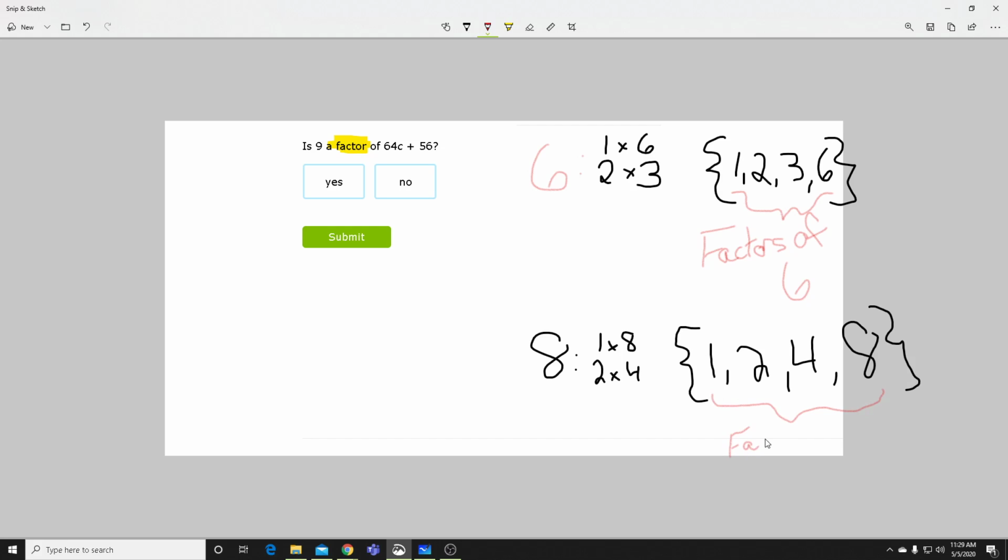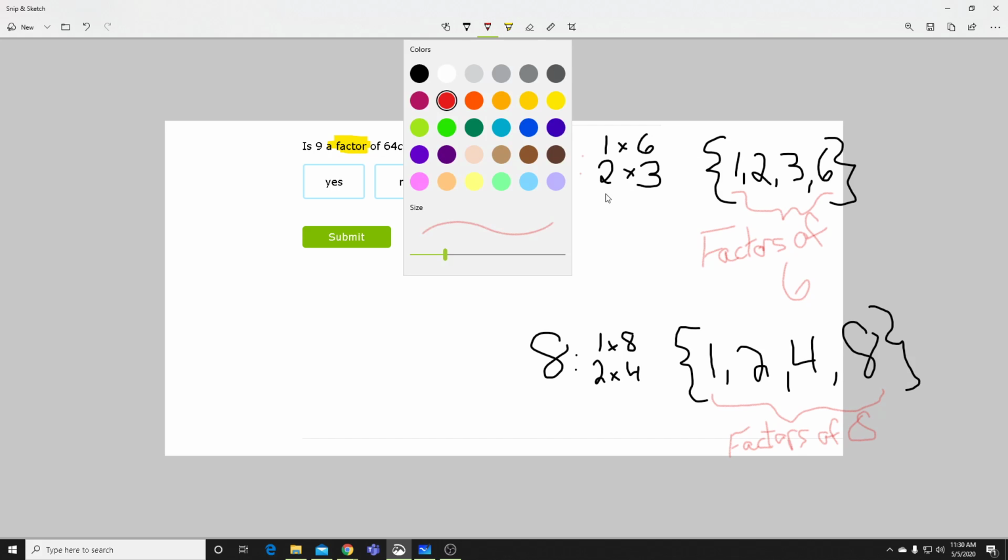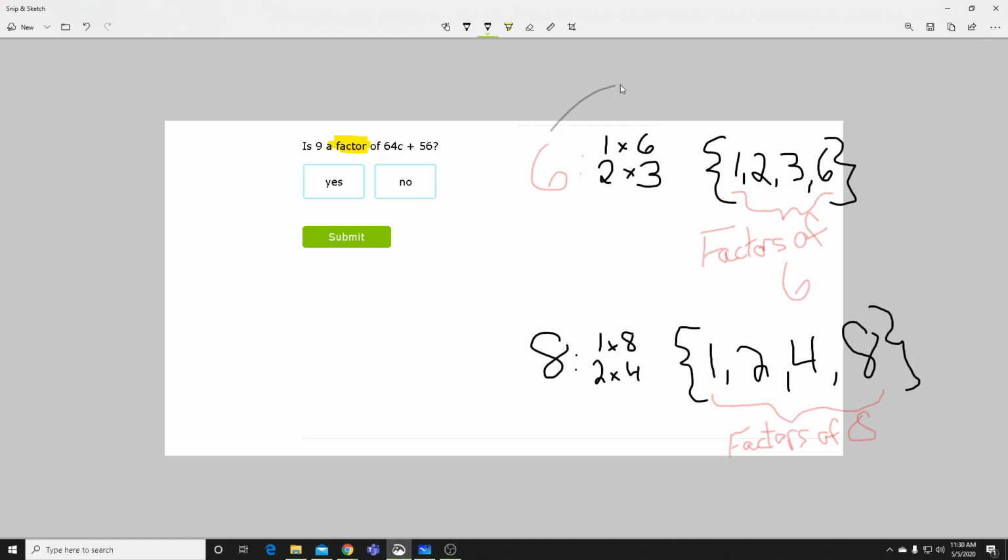Now, there's something we're going to need to know. I won't get into it yet, actually. But something else we need to know is factors are also numbers that we can divide by. Right? If we can multiply these together to get 6, well, we can divide 6 by these factors to get the others. So, for example, I could do 6 divided by 1.